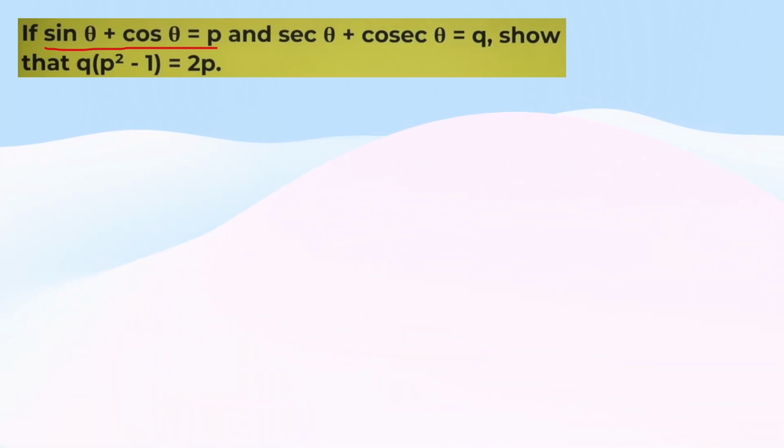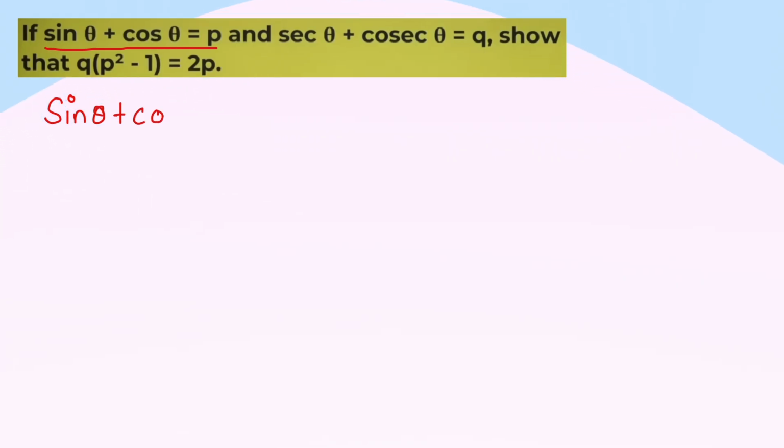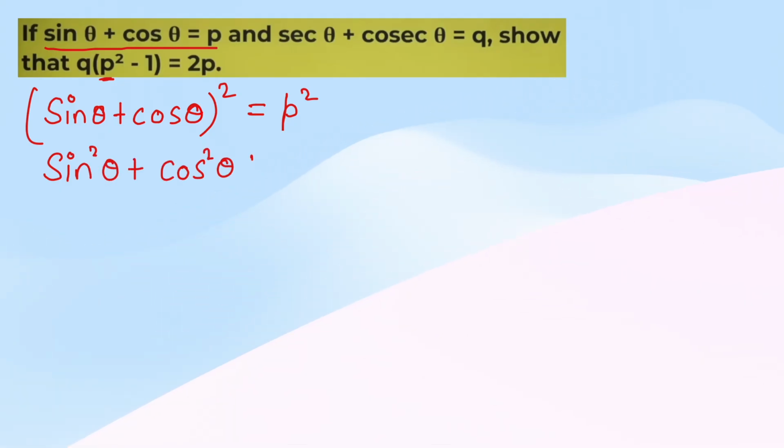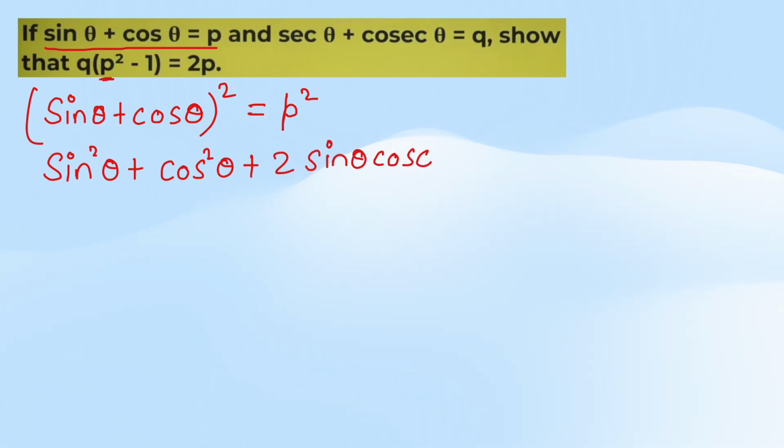Whenever we see this sine and cos, what we can do is just square them, right? So (sine theta plus cos theta) whole square, because in the answer I'm getting p square, so I should square them. Whole square equals p square. What I'm getting: sine square theta plus cos square theta plus 2 sine theta cos theta equals p square.